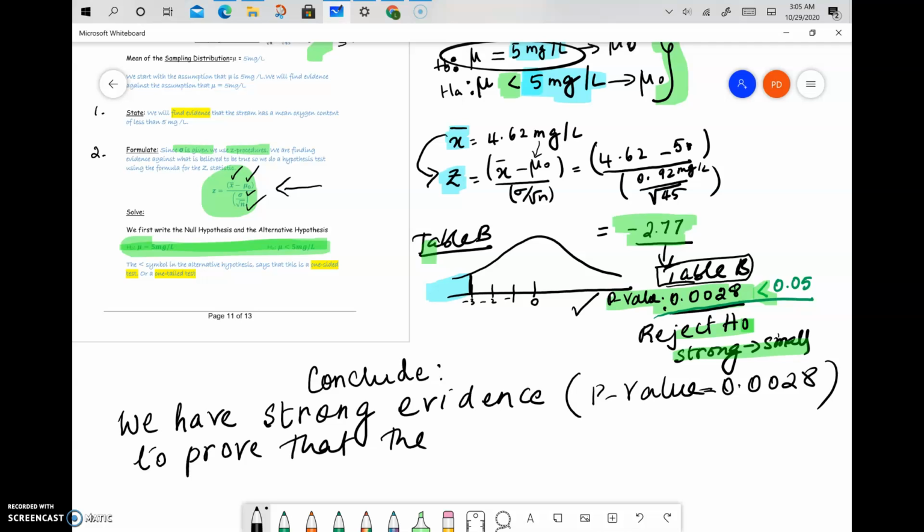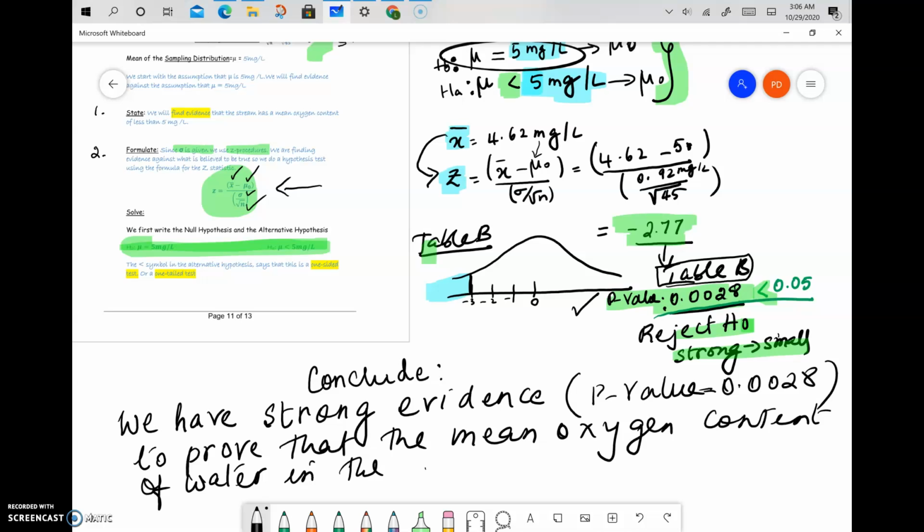the mean oxygen content of water in the stream, since the p-value is small, we have proved that the mean, remember to use the word mean, oxygen content of water, which is mu.